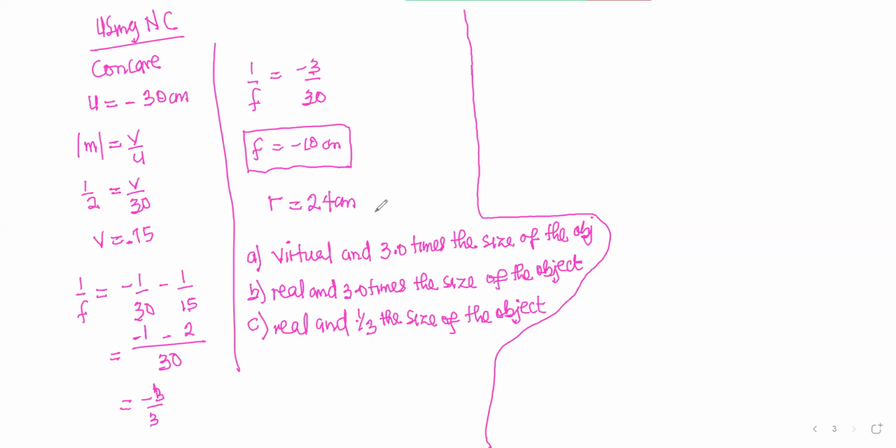Sir, please, you are solving it. Okay, let's look at it. So a concave mirror has a radius of curvature of 24, so R is equal to 24 centimeters. How far is an object from the mirror if an image is formed that is A, virtual.